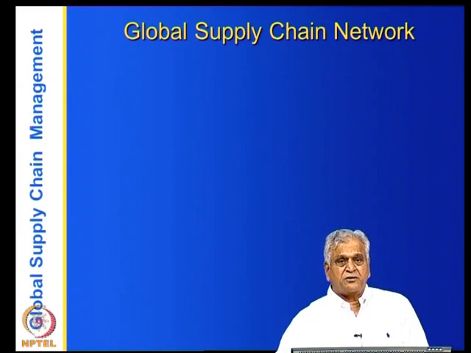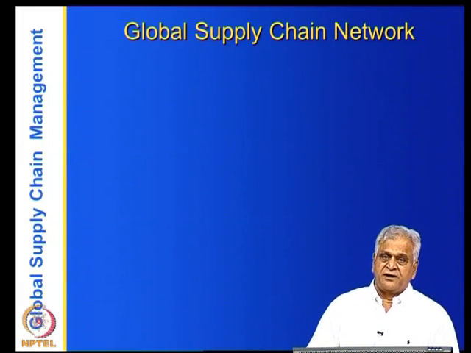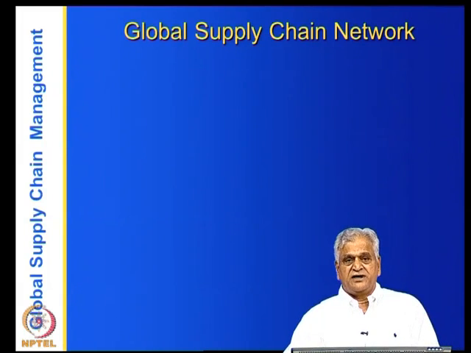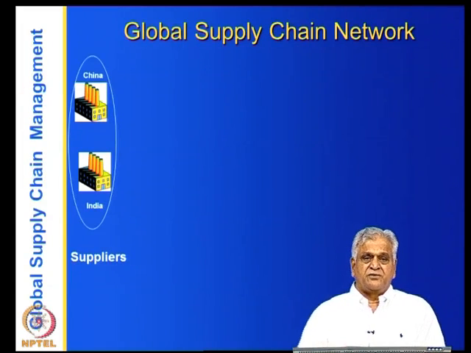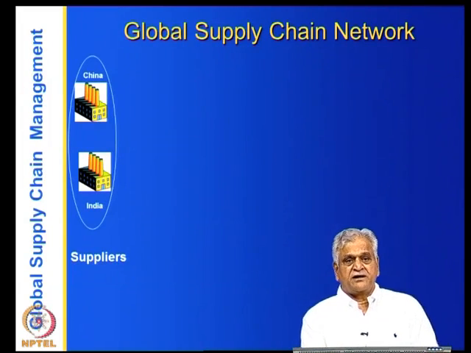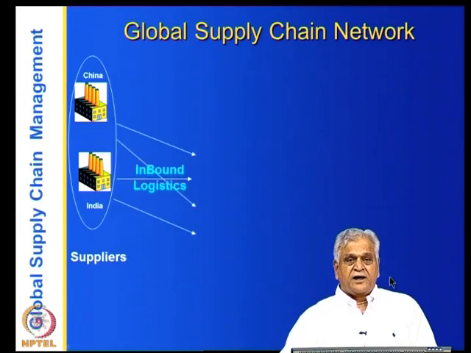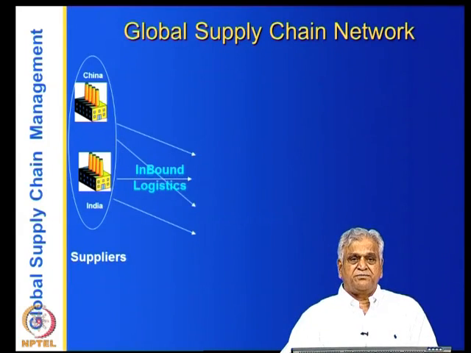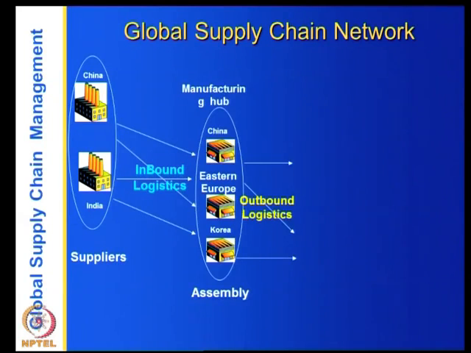So if you take a global supply chain network where, for example, you take a PC or a car, then there are the suppliers. They are either in India or in China, and there are what are called inbound logistics players, who take the material from the suppliers and supply it to the manufacturers.